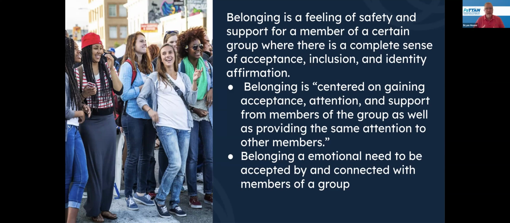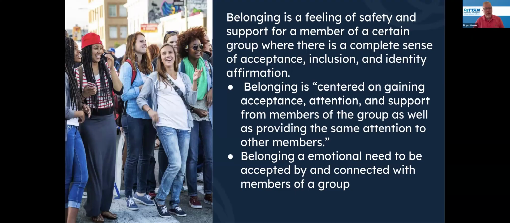Belonging is centered on gaining acceptance and attention and support from members of the group, as well as providing the same attention to other members. Belonging is an emotional, as we know, need to be accepted. We all need that and to be connected with the members of the group.